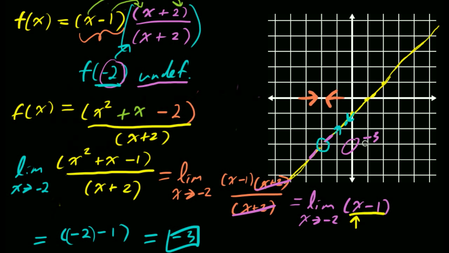We already knew that the answer would be minus 3 because that's what the graph is approaching. I'm definitely going to talk about this much more in the future, but I would say 90% of the problems that you're going to see in a first-year calculus course can be answered by taking a look at the graph. Anyway, I'm almost out of time, so I'll definitely talk about that much more in a future video.